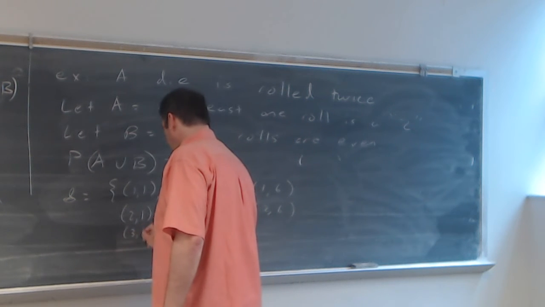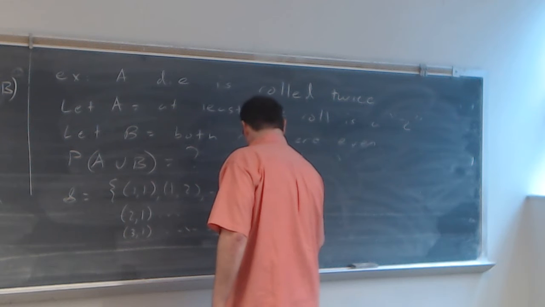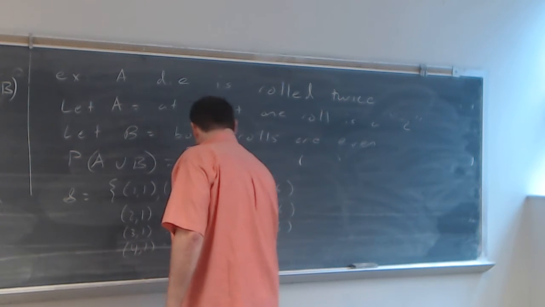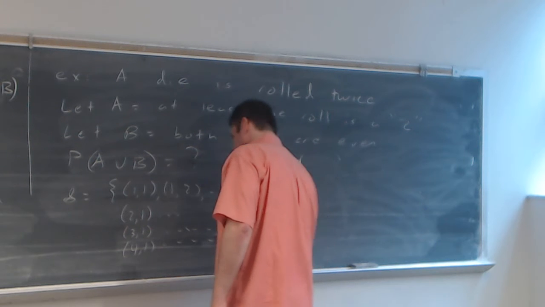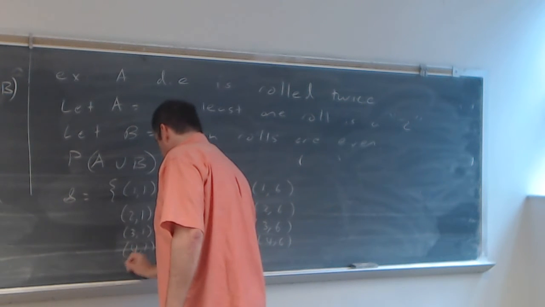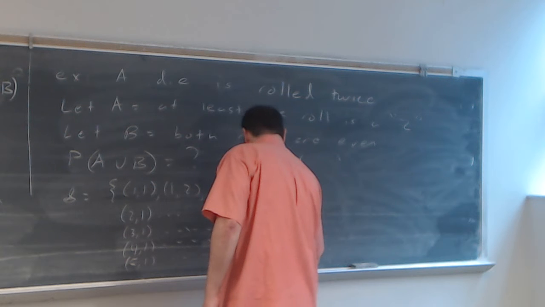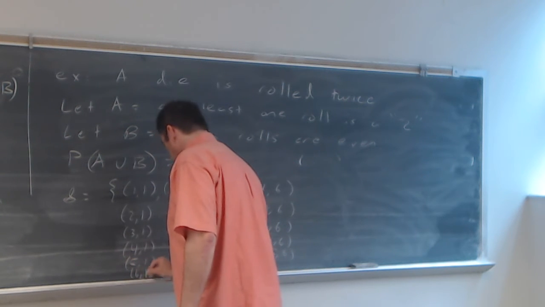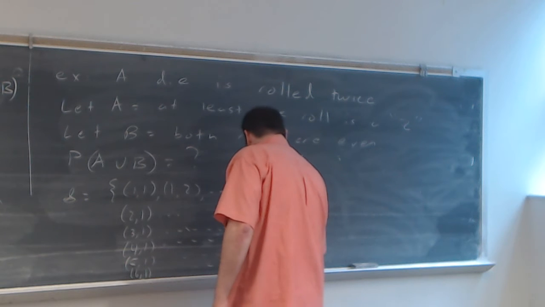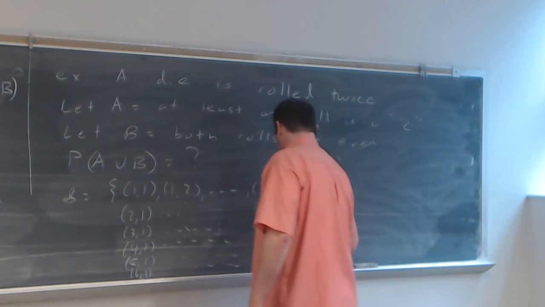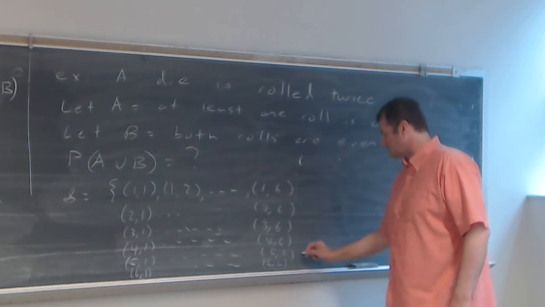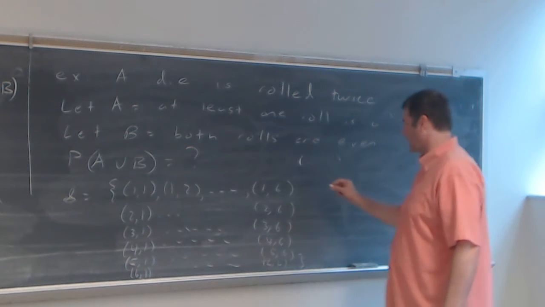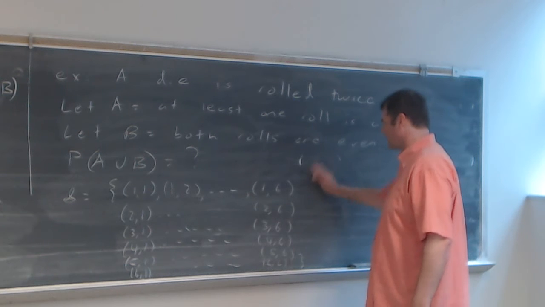We have 3,1, up to 3,6. We have 4,1, up to 4,6. We have 5,1, and it would go all the way up to 5,6. And finally, the last row will consist of outcomes that start with 6,1 and go all the way up to 6,6. So I'm not listing all of them, just a few of them. So if I say the probability, so here's my first row.